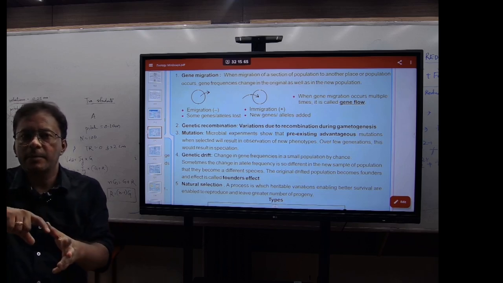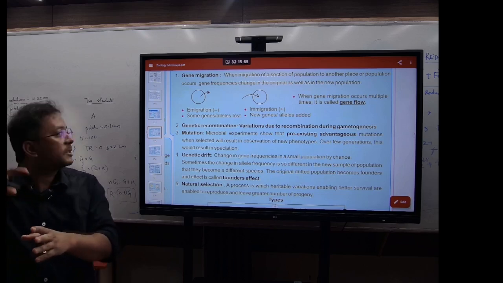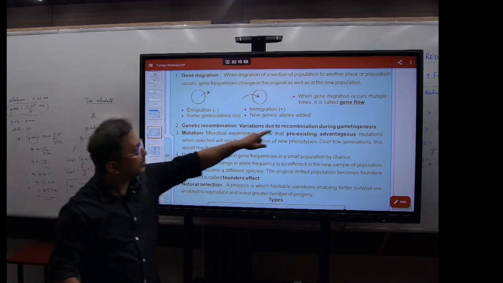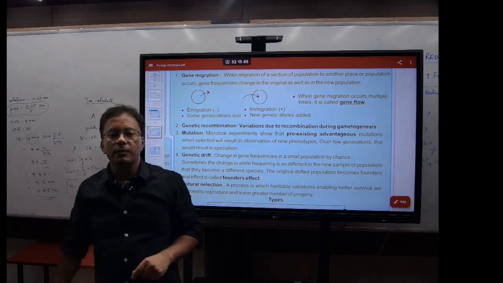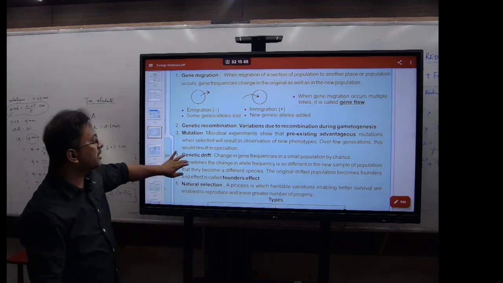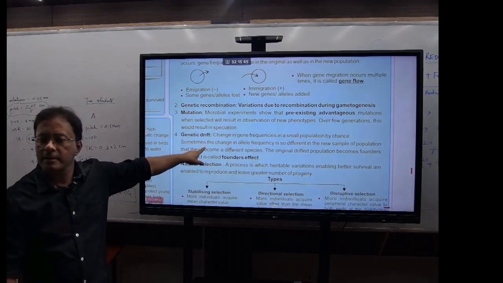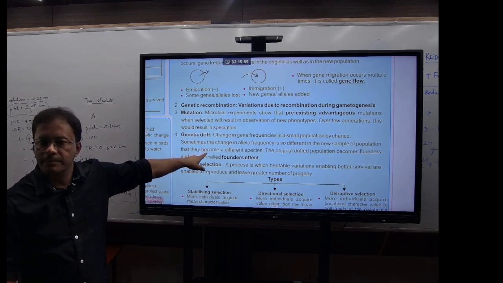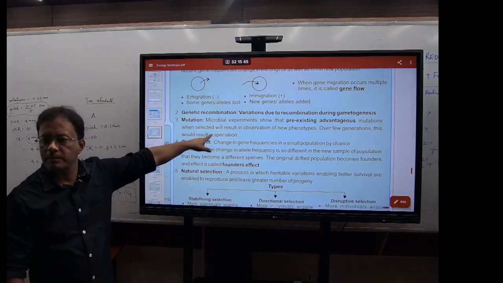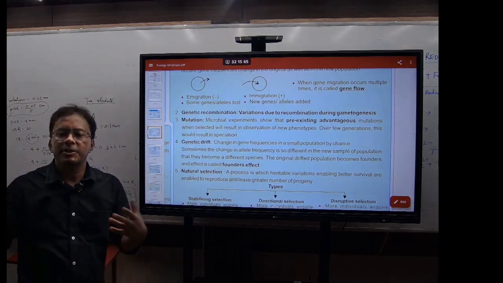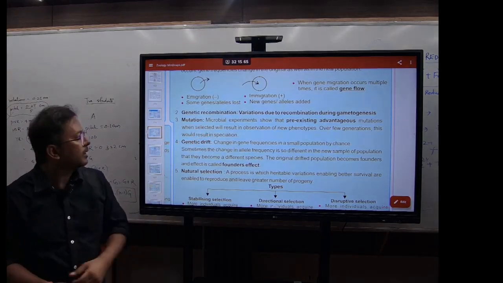If this same gene migration occurs multiple times, it is called gene flow. And if gene migration occurs by chance, it is called genetic drift. And you know what is mutation, right? That's random changes on the DNA.